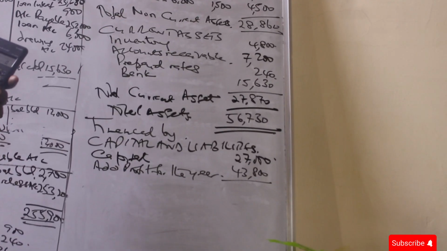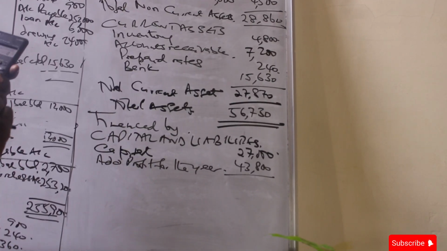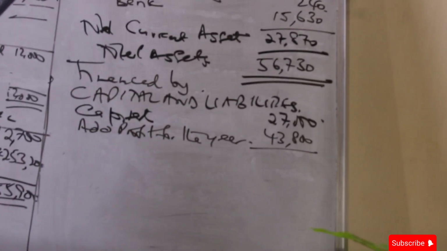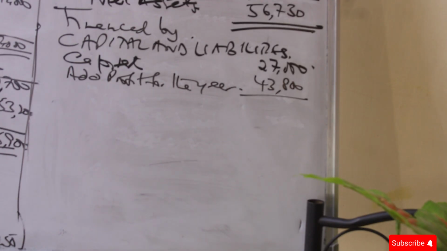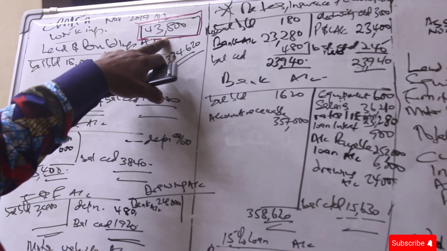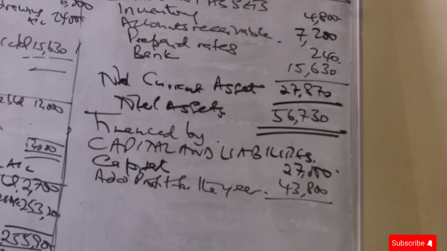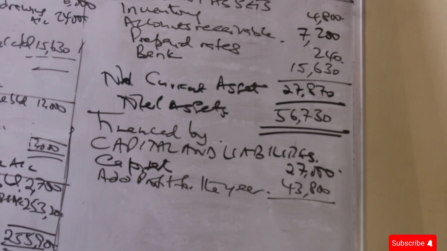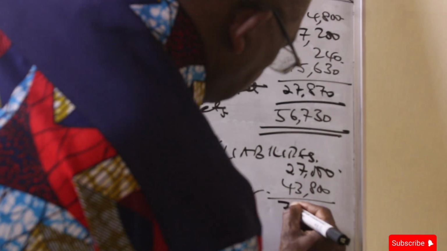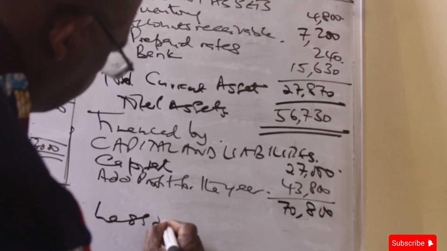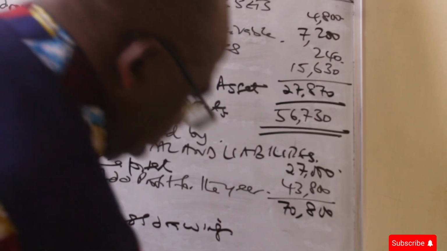So we bring the profit there: 27,000 plus 43,800. We get 70,800. Then we say less drawings.